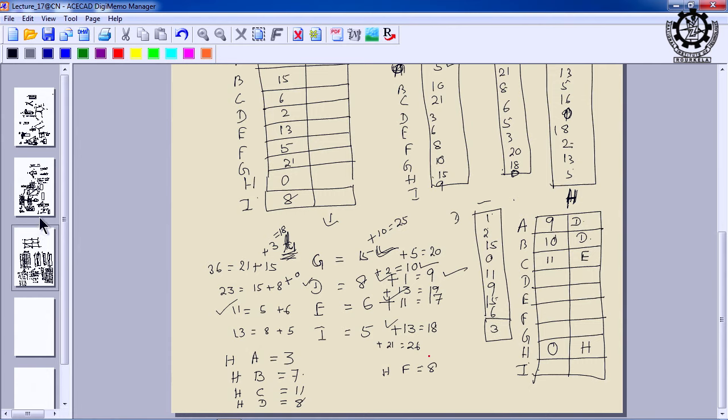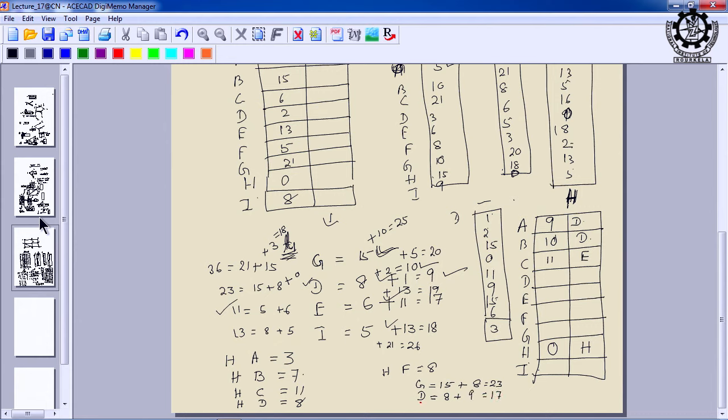Let us find out. So, if I go via G, it is 15 plus, in G's table F is 8, that is equal to 23. If it goes via D, then it is 8 plus, in D's table F is 9, that is equal to 17.